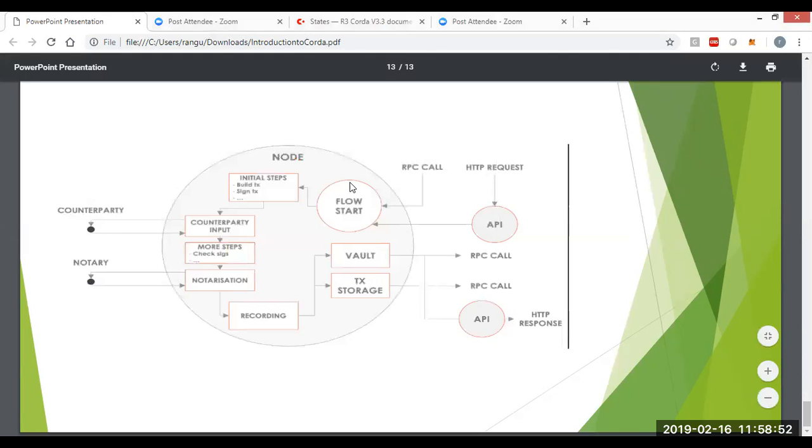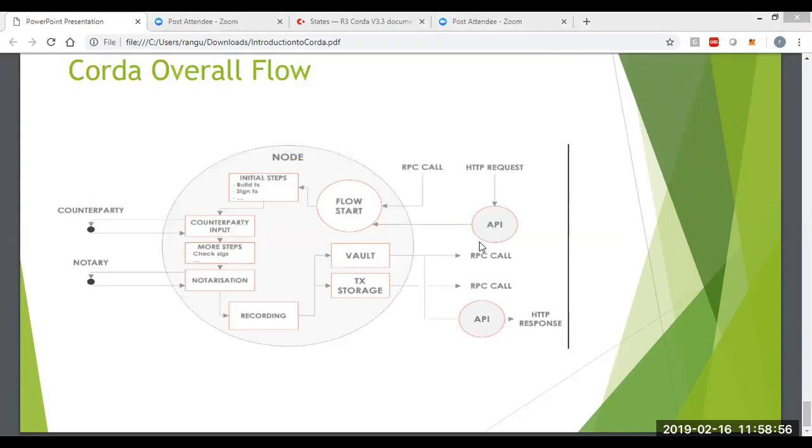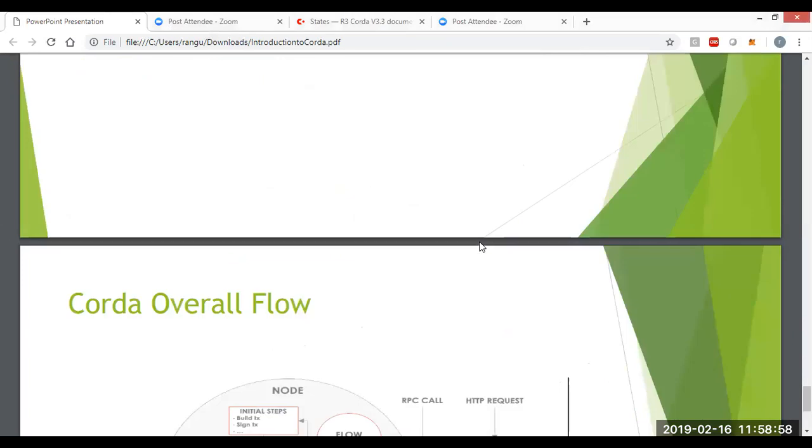Are constraints limited by modeling language or canon? I'll take one at a time. So, are constraints limited by modeling language? To give you a brief, Corda supports Java and Kotlin. So as of now, you have to go with either Kotlin or Java. Can they be implemented as callbacks?